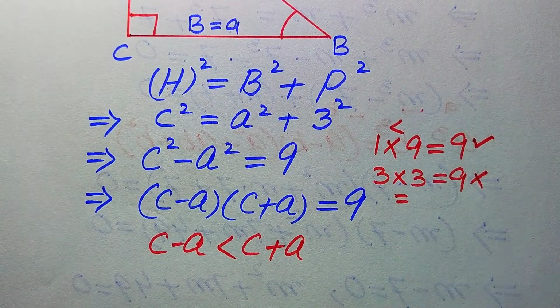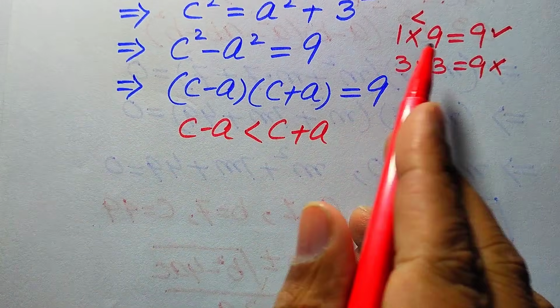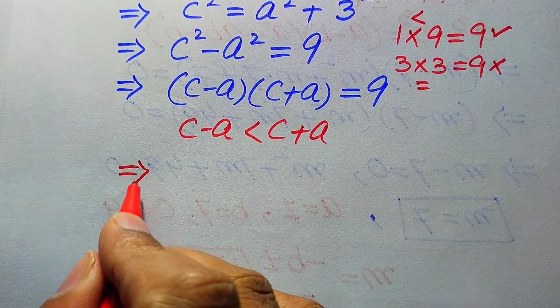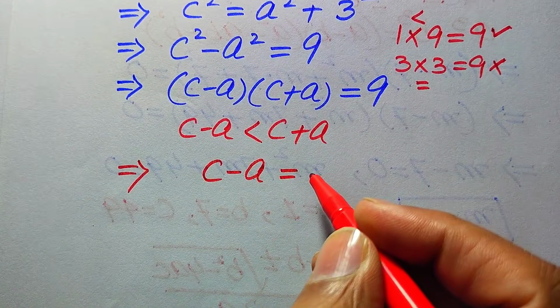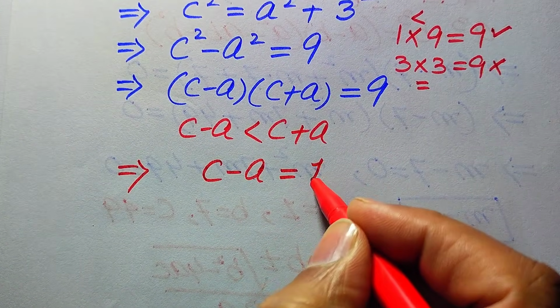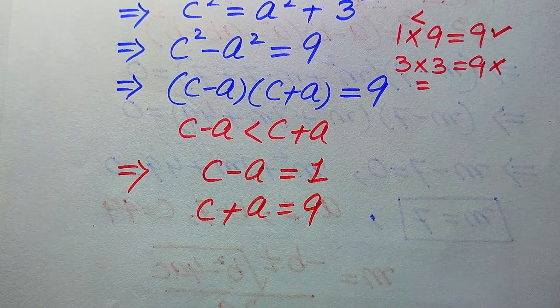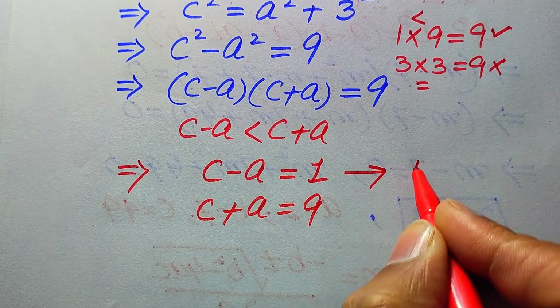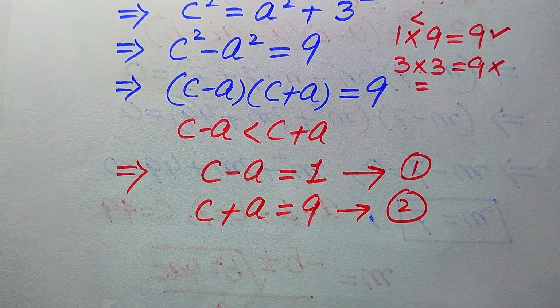We have only one possibility, so we compare these two factors with 1 and 9. After comparison we obtain c minus a equals 1 and c plus a equals 9. We call this equation number 1 and this equation number 2.